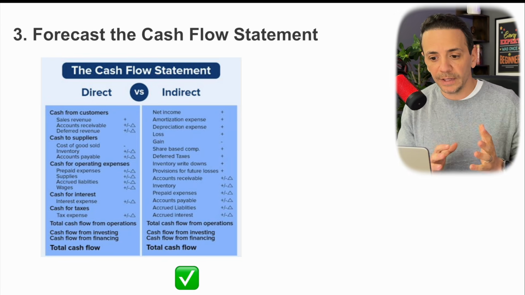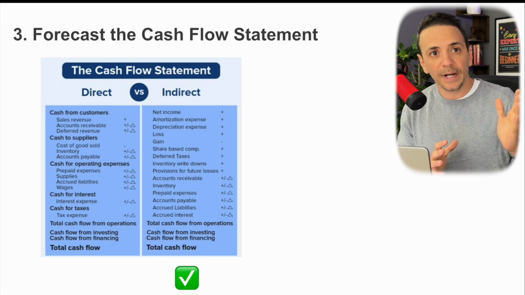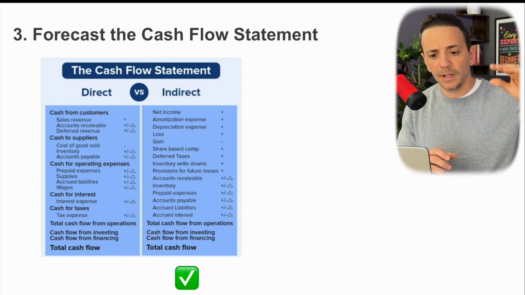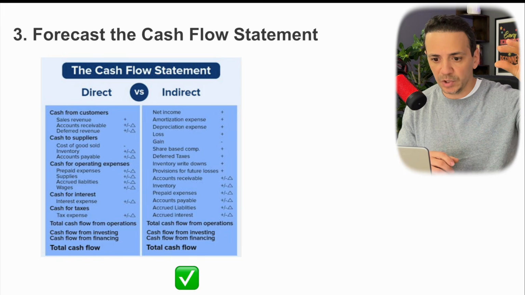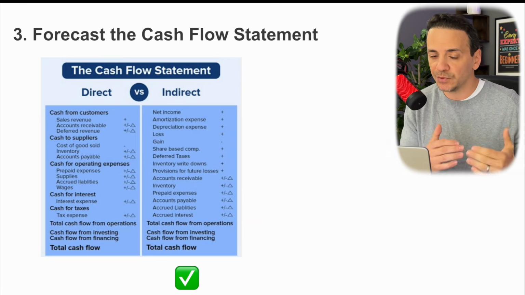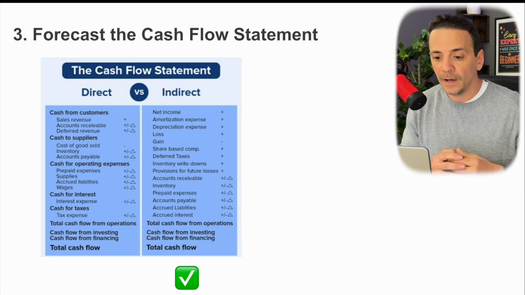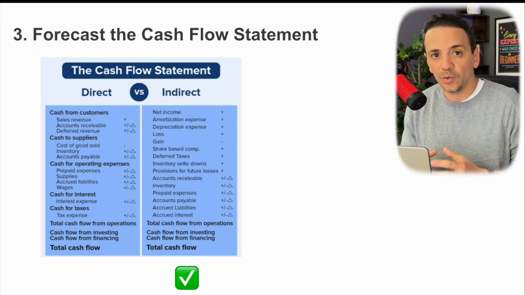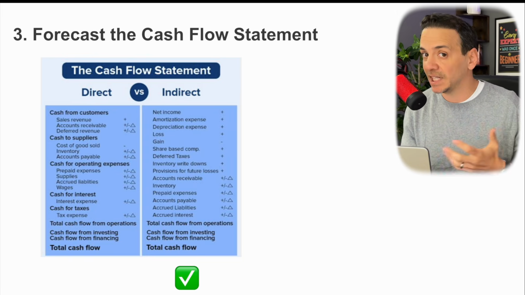There are two methods, as you can see on the screen: direct and indirect. The direct method of the cash flow statement is very simple: cash from customers, cash payments to suppliers. It takes pretty much inflows and outflows, and it's straightforward and easy to understand. What we're using here is the indirect method, the one that can be modeled into a 3-statement model.